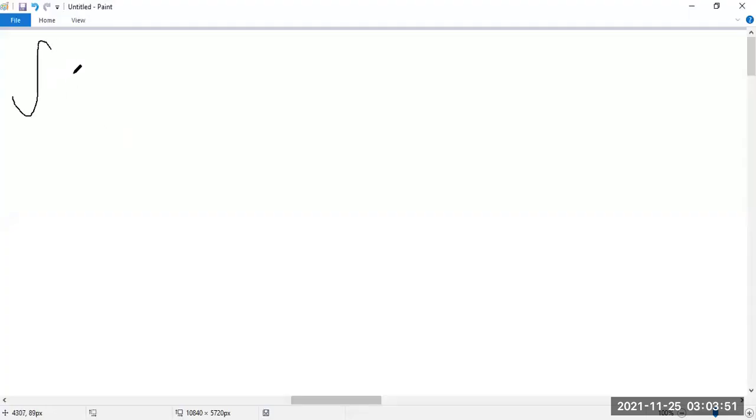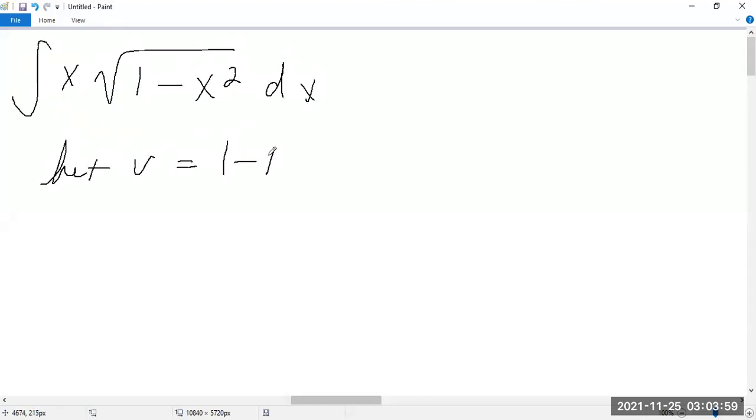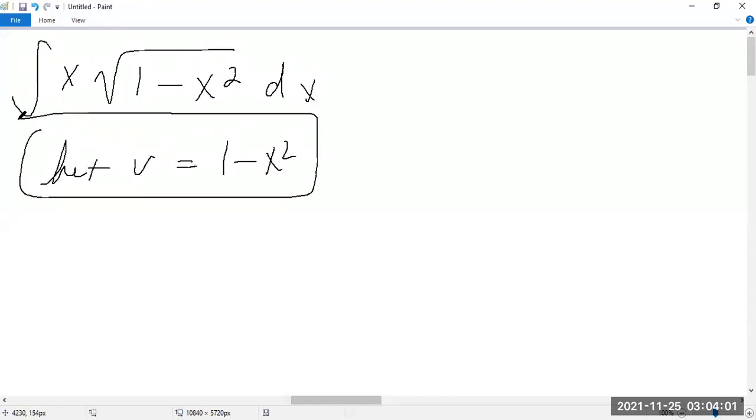So this is the integral of x times the square root of (1 minus x squared) dx. Let u equal 1 minus x squared. du over dx is the derivative of that, which is 0 minus 2x, so just minus 2x.